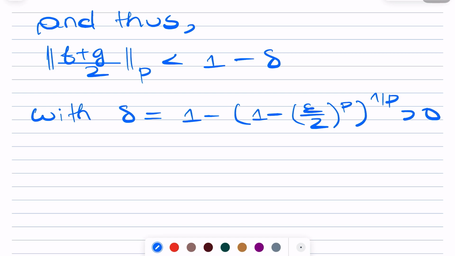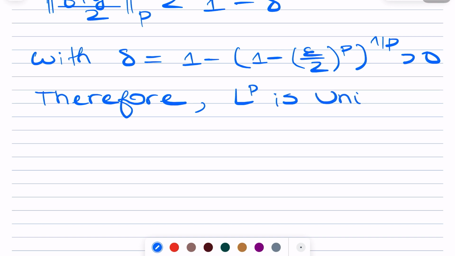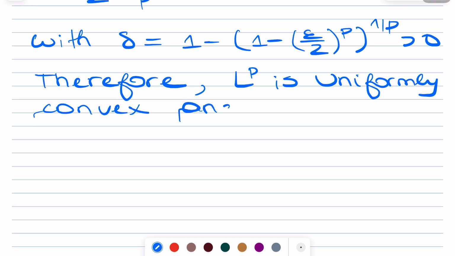So therefore L^p is uniformly convex, and thus reflexive, right?